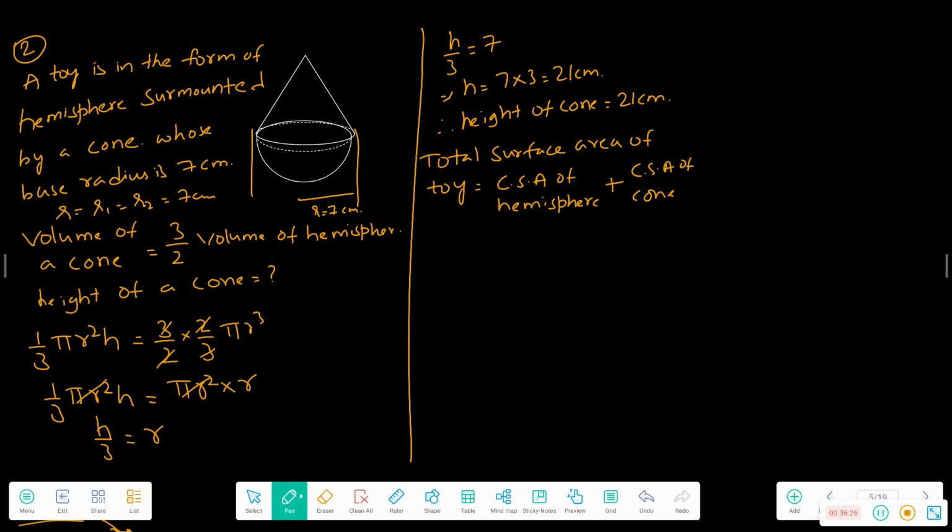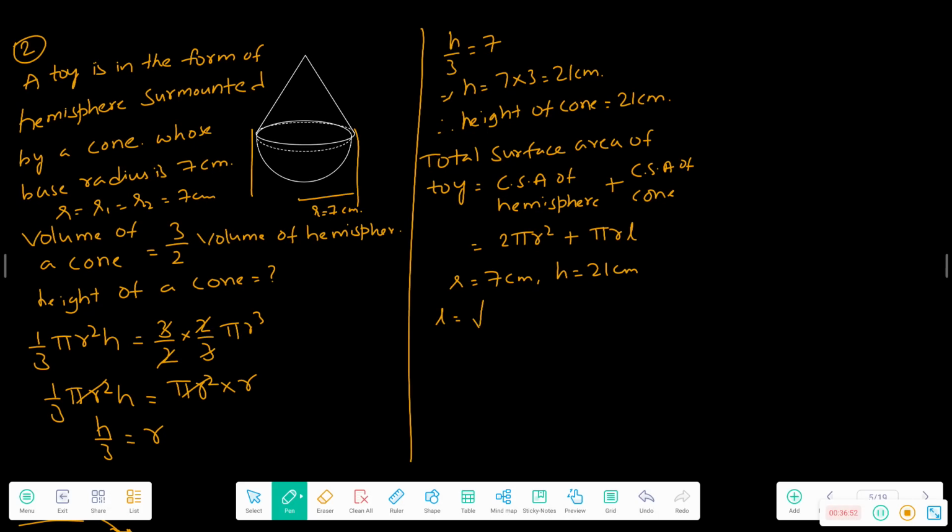CSA of hemisphere, we know, is 2 pi r square, and CSA of cone is pi r l. We don't know the value of l. We know the r value is 7 centimeter, h value is 21 centimeter.